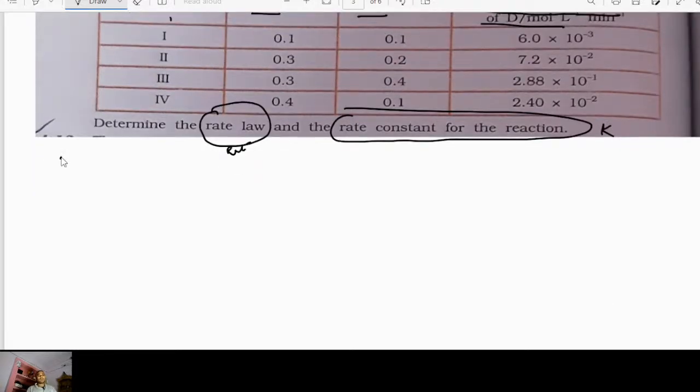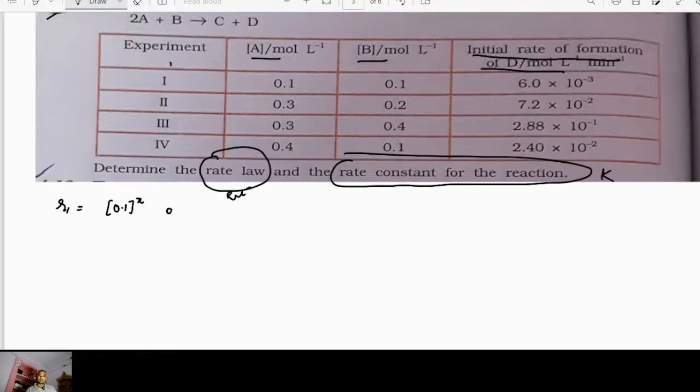Rate for the first experiment I am writing R1 is equal to k times 0.1 power x, and again another 0.1 with power y. I have considered the order with respect to A is equal to x, and the order with respect to B is y.